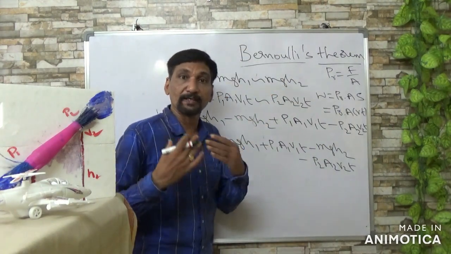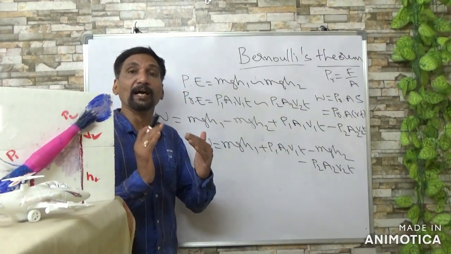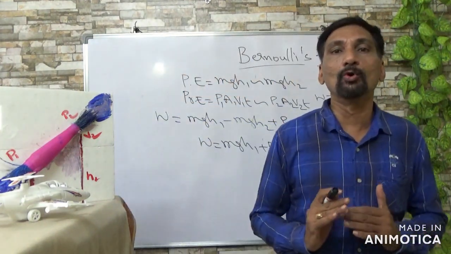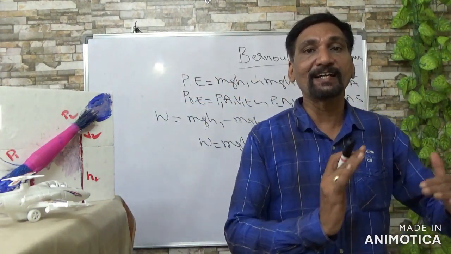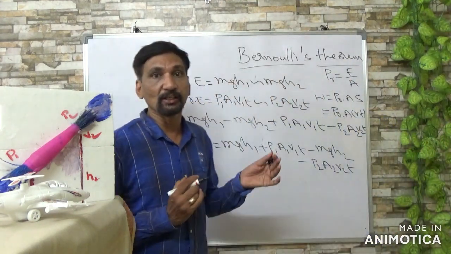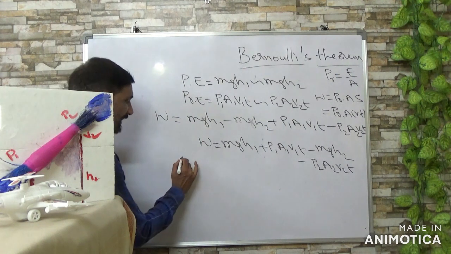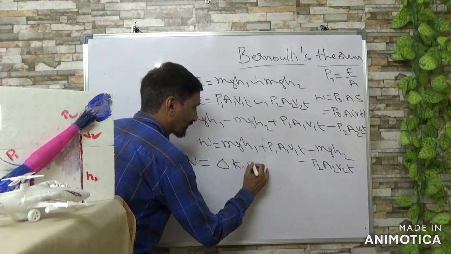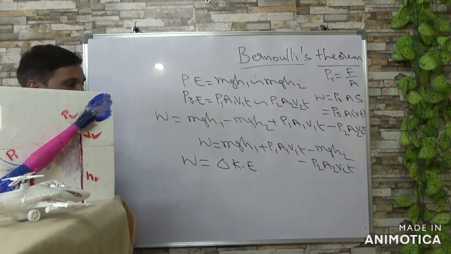Now, according to dynamics, work done by a fluid is always equal to change in kinetic energy. In the work energy theorem, remember, work done is always equal to change in kinetic energy.